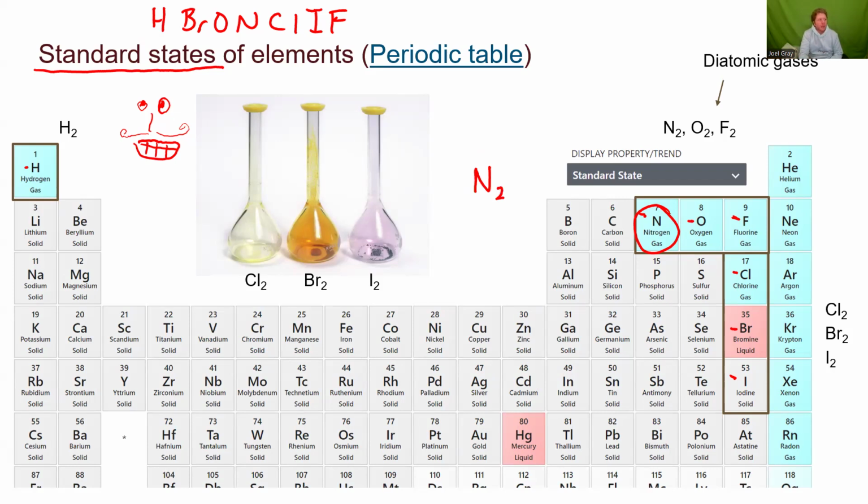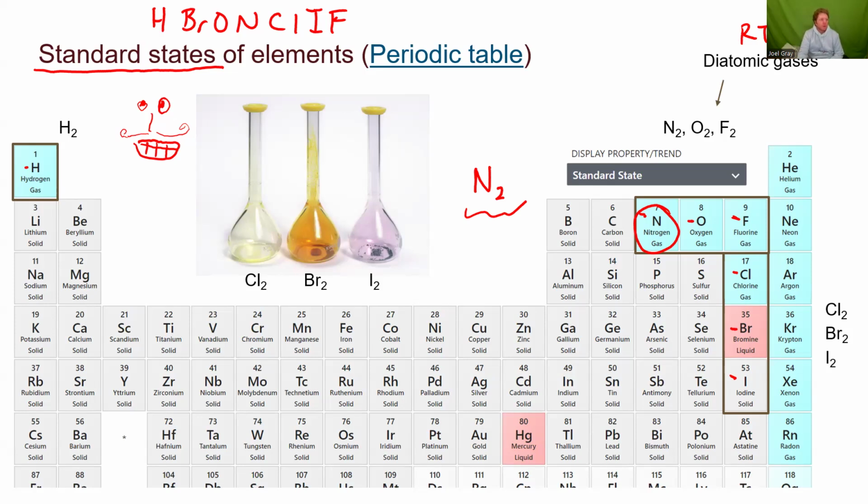So N2 is an example of a diatomic gas. What that means is that these two identical atoms come together at room temperature and they are in a gaseous state. So at room temperature, they are a gas.